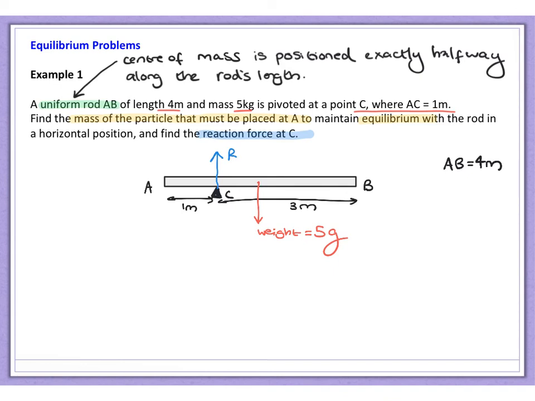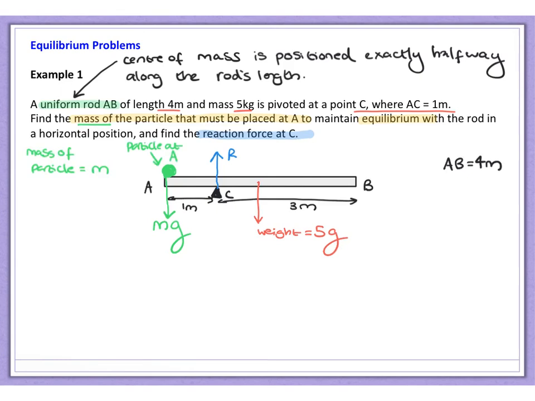Now, what other forces have we acting? Well, we were told that there is a particle that is placed at A. Let's draw it on there, so it's positioned at A. And we don't know what the mass of the particle is, so we don't know what its weight is. So the weight of the particle is going to be mg.